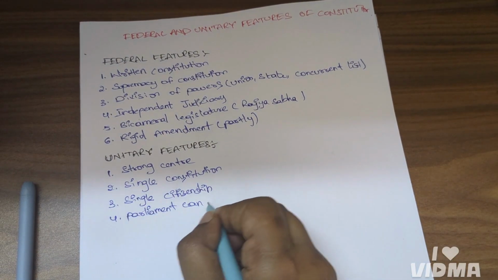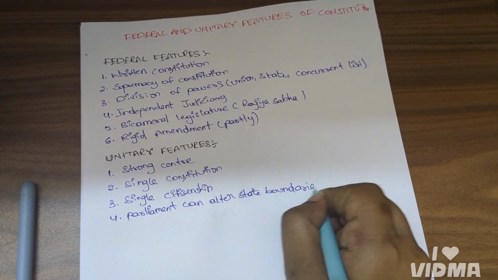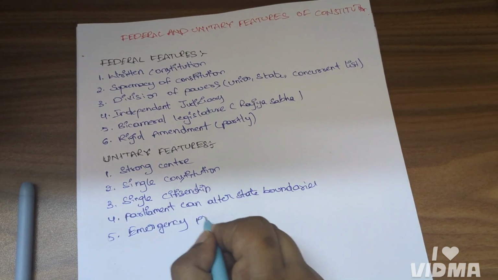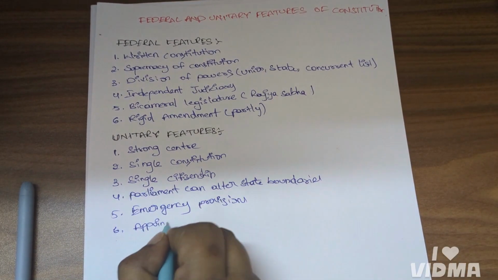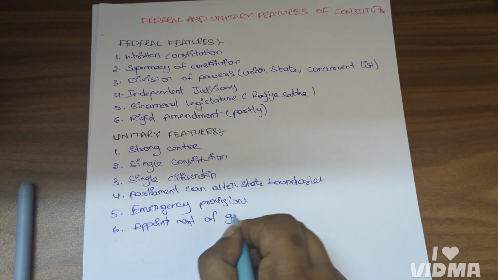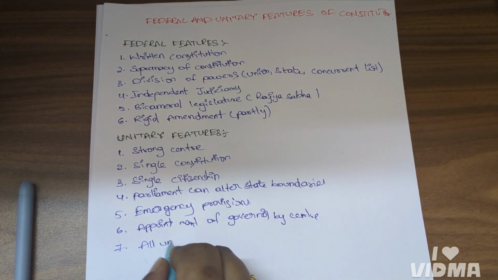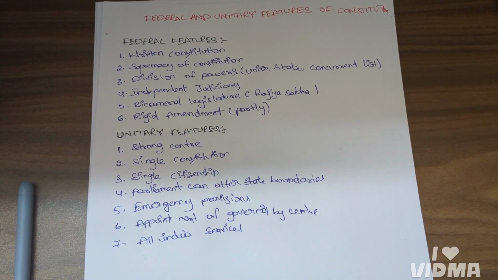Fifth feature, emergency provisions like national emergency. Next, appointment of governor by the center. The governor is appointed by the center in the states. Next, all India services. IAS and IPS are recruited by the center.